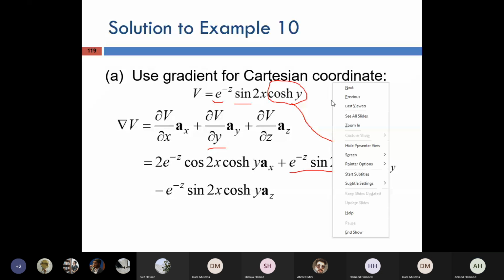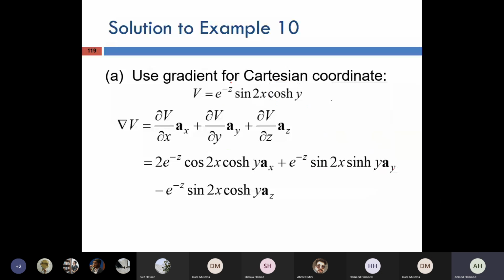Z we have only here, so sine 2x cos y you just rewrite back as a constant. Then you have e to the power of negative z, whose derivative equals e to the power of negative z multiplying by negative 1, so it becomes negative e to the negative z times sine cos.